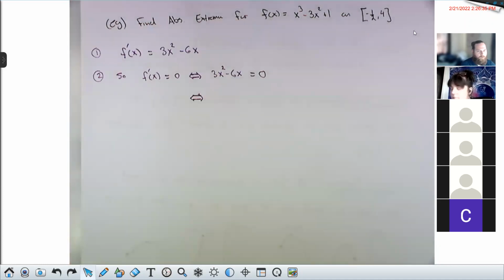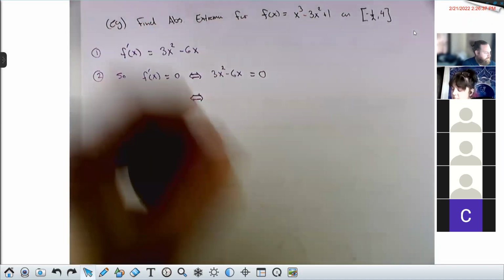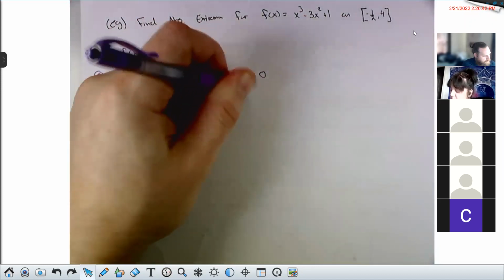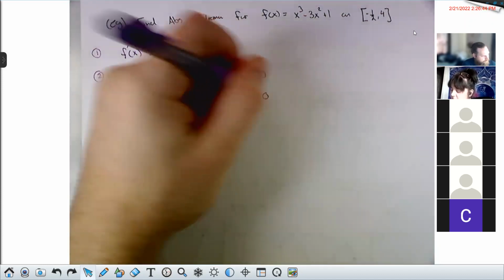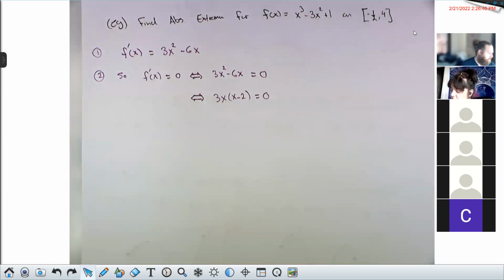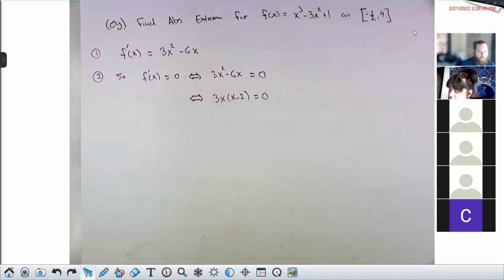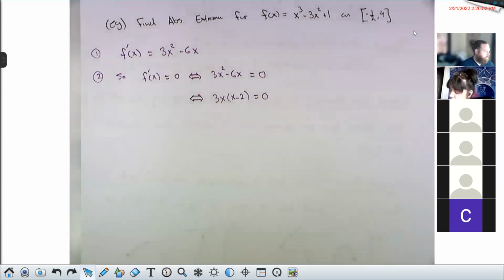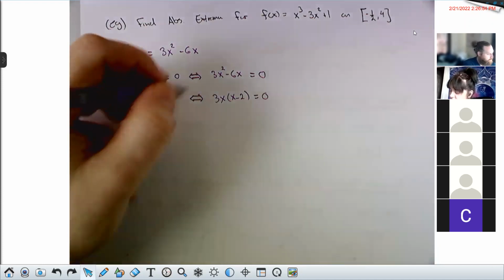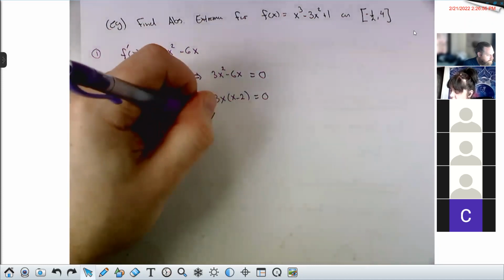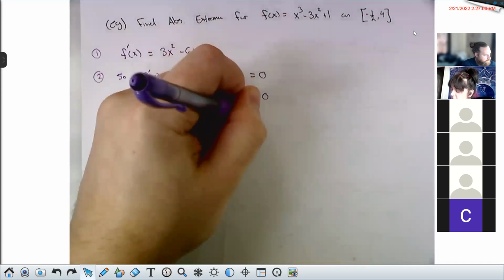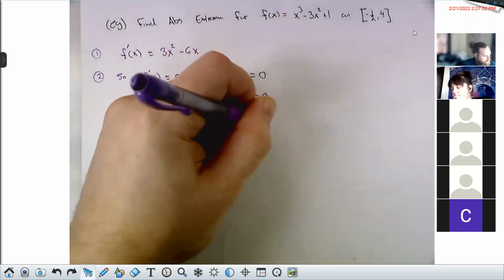And we can factor that left-hand side as 3x times x minus 2. So there are two numbers, both coming from this interval, where the derivative is equal to 0, i.e. two critical numbers. First being x equals 0, the other being x equals 2.